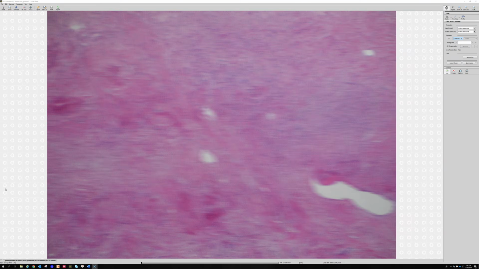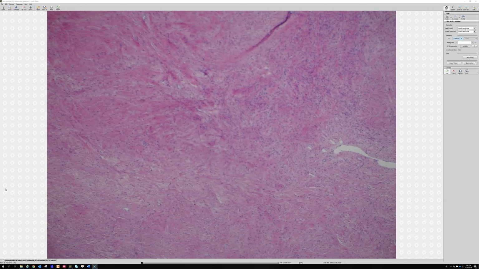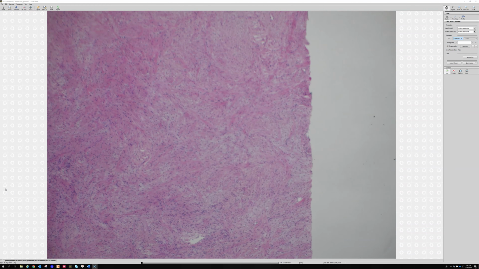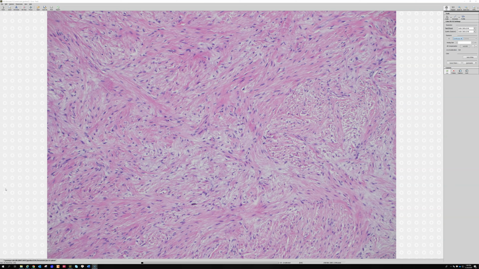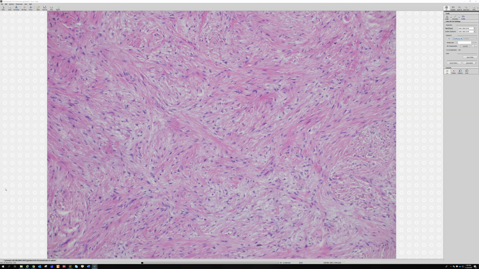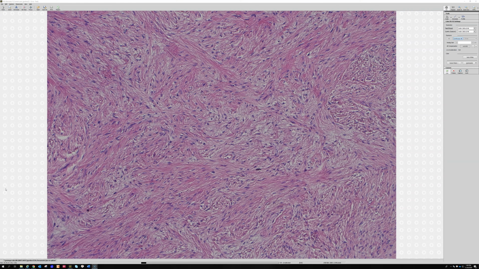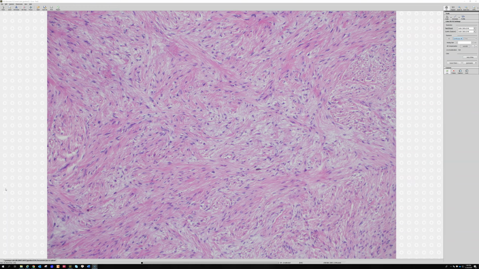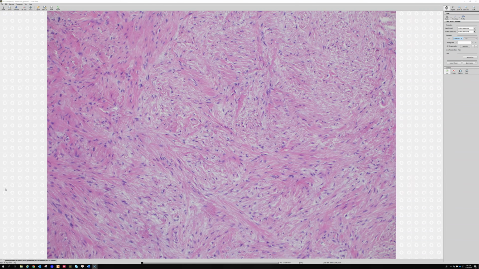This is a little bit of an old slide that's beginning to get washed out, but these areas here have a little bit of bluish myxoid background. The blue is a little harder to see on this slide because it's older. So we've got a pink collagen-rich tumor that's got a little bit of myxoid area, has some areas that are a little more cellular and others that are a little less cellular, and very bland nuclei.